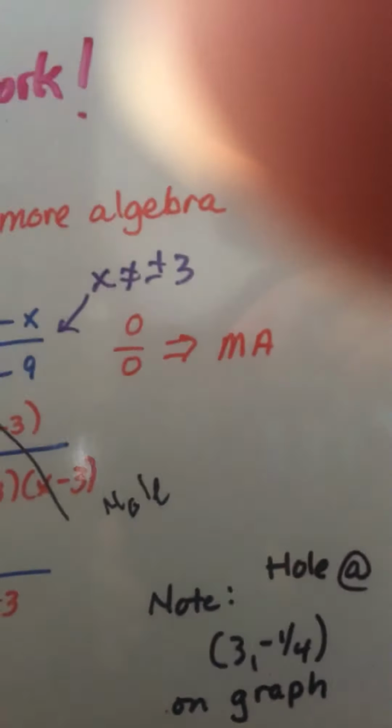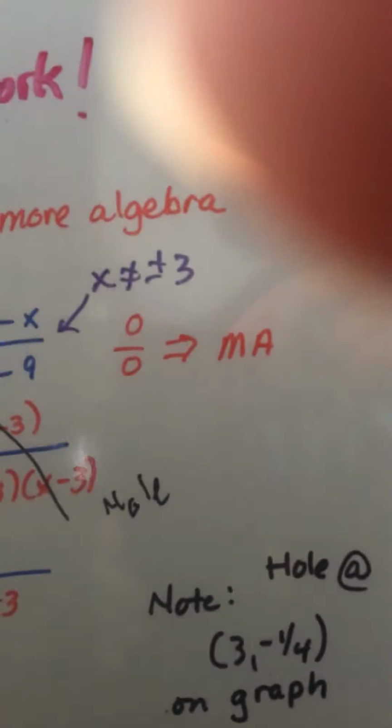Another problem, another instance. I need to factor. I get 0 over 0. Well, I have to do more algebra. Now be sly, folks. If you have 0 over 0, x plus 2 must be a factor. So I went ahead and put x plus 2 here and said x needs a 3x.